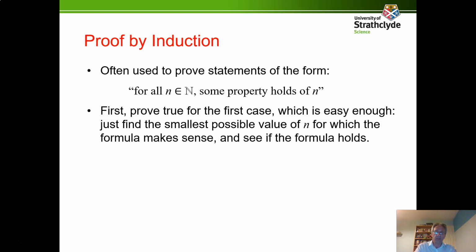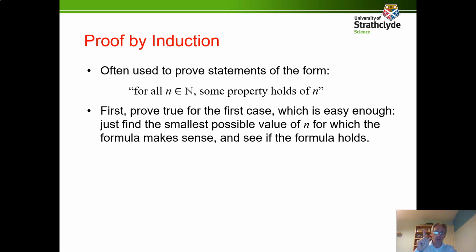Usually the first case is something like 0 or 1, or it's a small number anyway. We find the smallest possible value of n for which our formula makes sense. So you have to think about what the smallest value of n is, and we see if the formula holds. If it doesn't hold, then we're done. There is no proof, as the formula is false. But if it's true, then we're on our way.